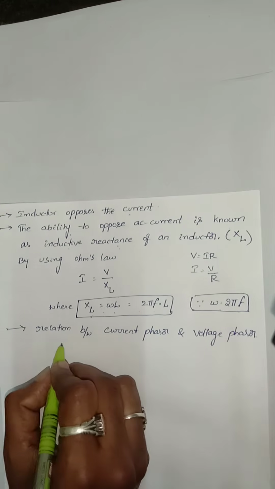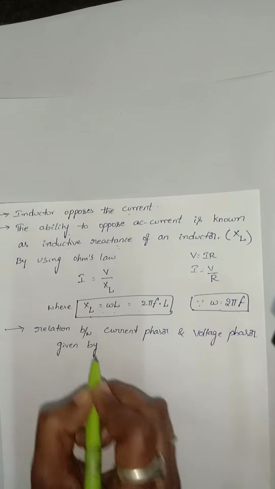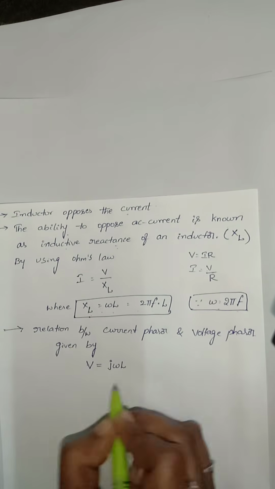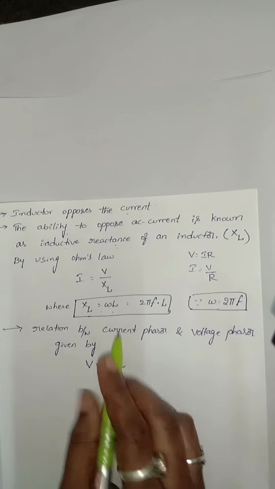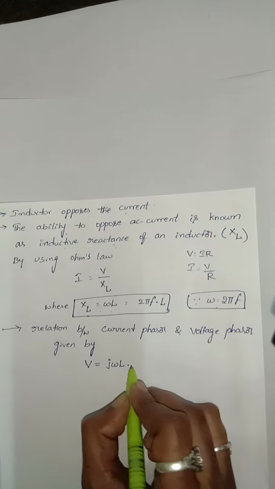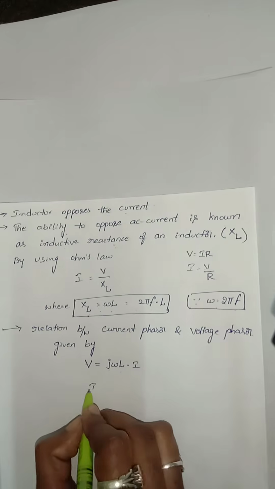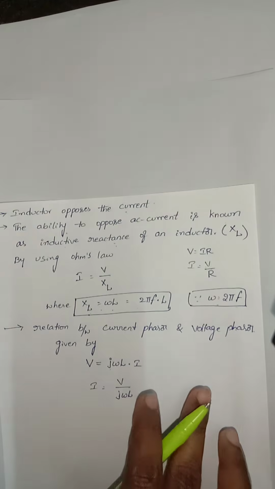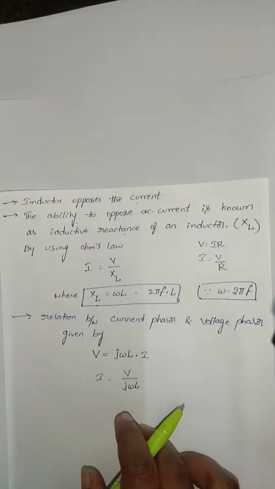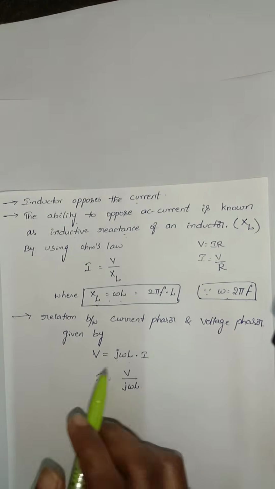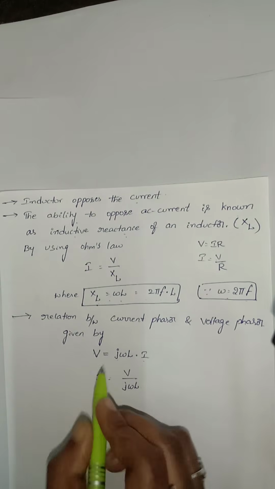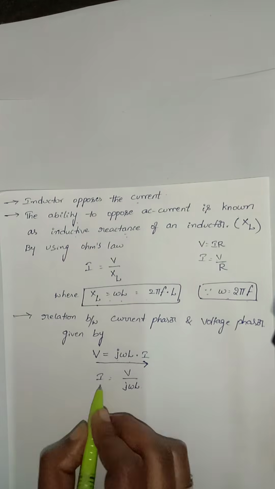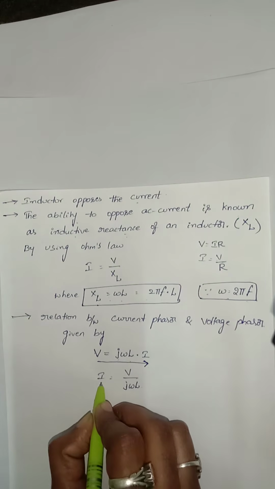Using the j operator, V is equal to j omega L into I, so I is equal to V by j omega L. It shows the voltage leads the current. Voltage phasor leads the current phasor, or current phasor lags the voltage phasor.